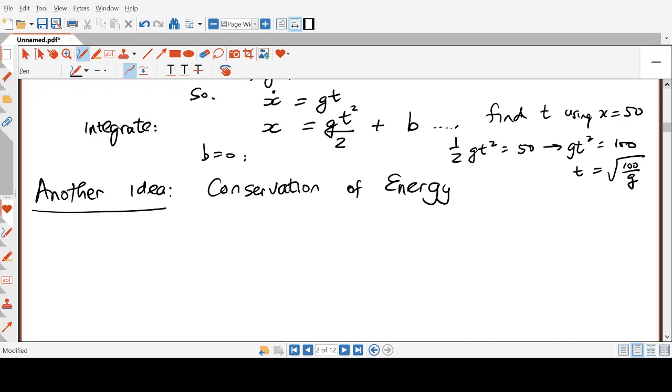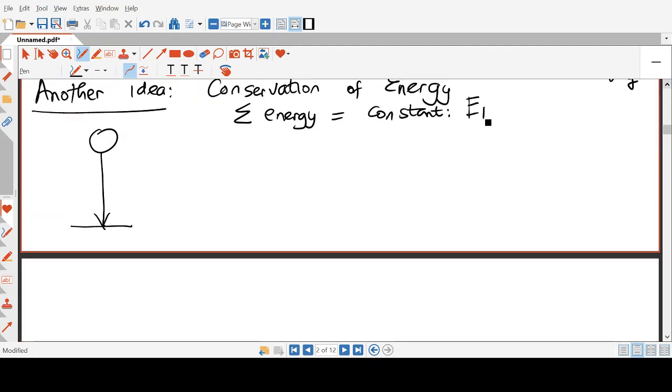Now, conservation of energy. If you think about another physical principle to help us to model this, here's a ball, and it's falling down. According to the conservation of energy, the sum of the energy is always a constant. The kinetic EK plus the potential EP is a constant, always.